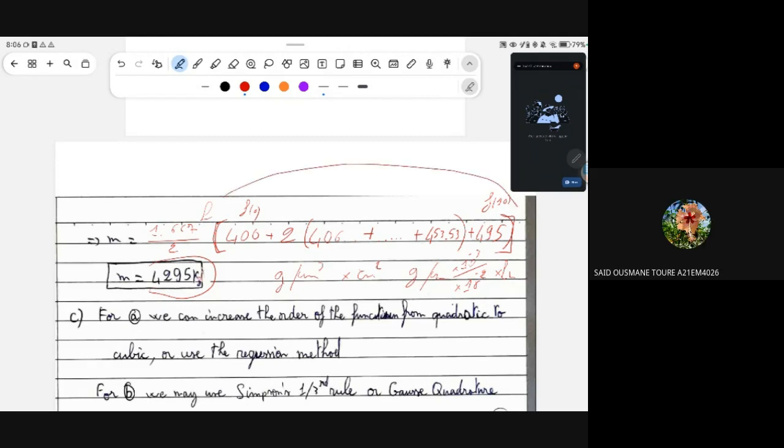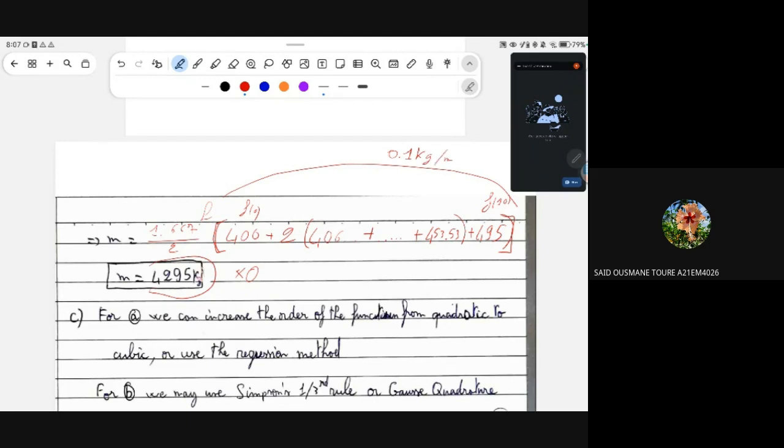Then if you transfer it into kilogram, you get... So we need to multiply it again by h? No, you don't need to multiply again by h. You need to multiply by 0.1, because here you will get 0.1 kilogram per.